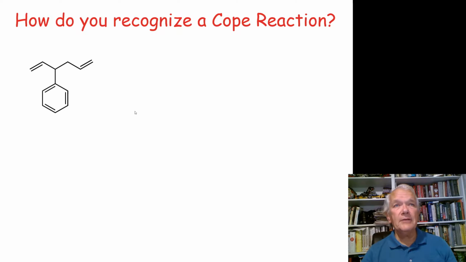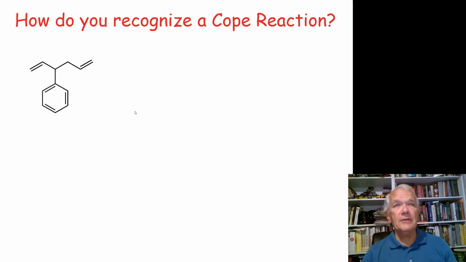Okay, so how do you recognize a Cope reaction? Well, the key thing is it has to be two double bonds, and if you number these bonds, they have to be 1 bond, 2 bonds, 3 bonds, 4 bonds, 5 bonds. You have to have a 1,5 diene, okay? And you redraw it as a 6-membered ring with a gap, and then you just basically switch the bonds around.